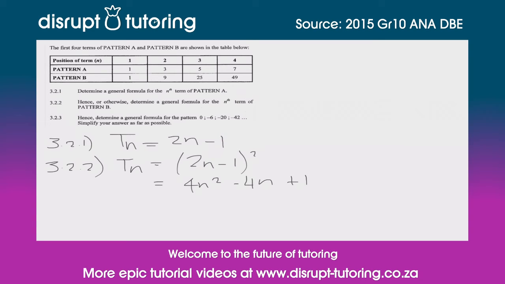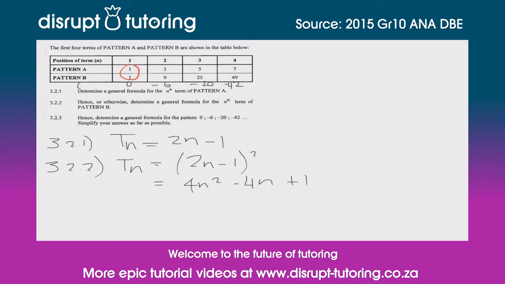Now, if we look at the two patterns, that's a good place to start. They've given us 0, so let's bring in this pattern C, and it's 0, minus 6, minus 20, minus 42. As I've written those down, I've noticed something.